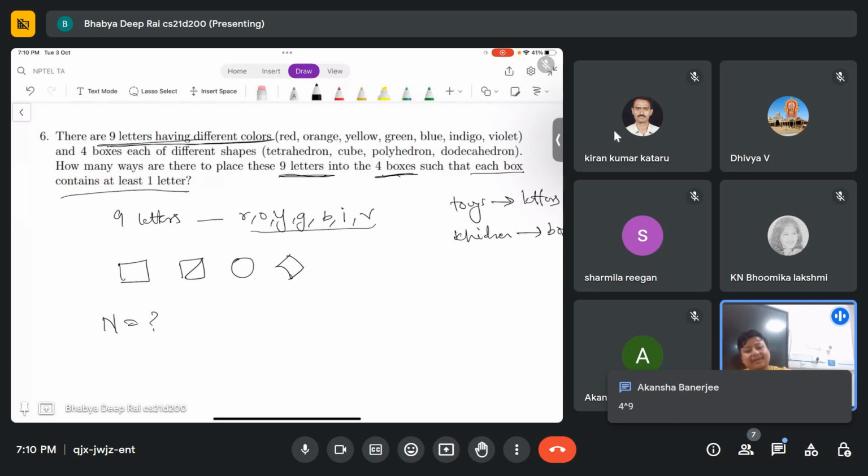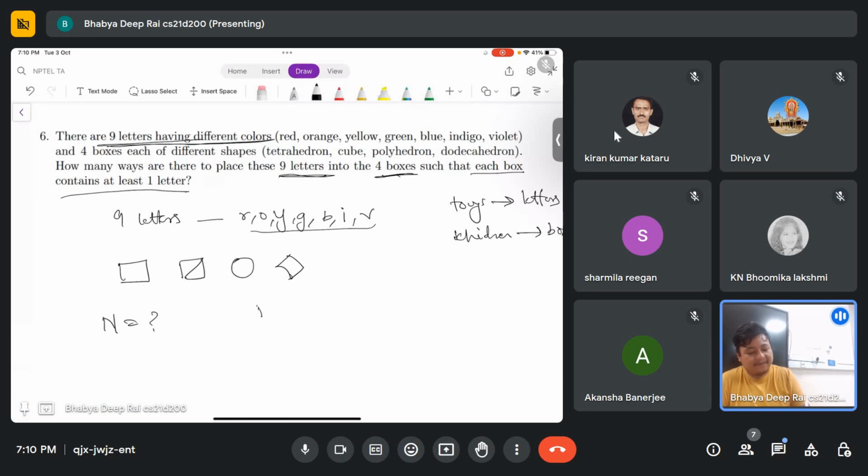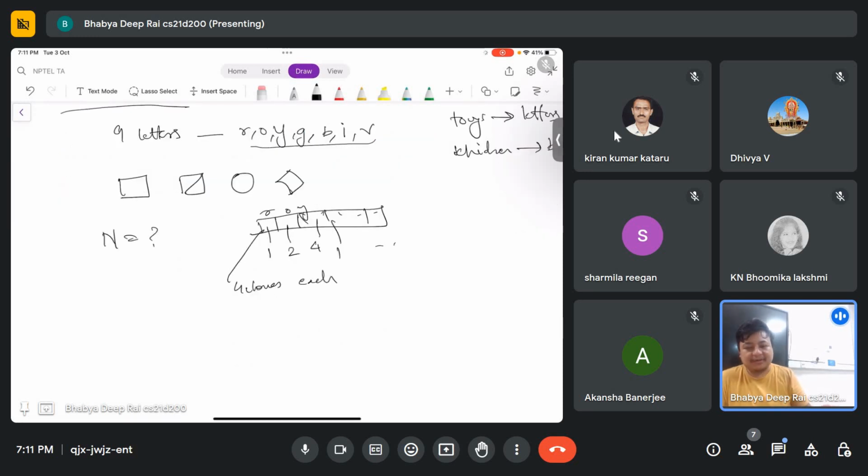Similar to the previous problem, right? So we have 9 letters, R, O, Y, whatever. And for each of them, I put a label. This belongs to box 1, this belongs to box 3, 4, 1, and so on. So each letter has 4 choices, right? So this is nothing but 4 times 4 times 4, 9 many times. So it's 4 to the power 9.